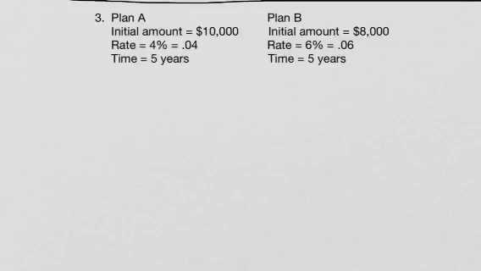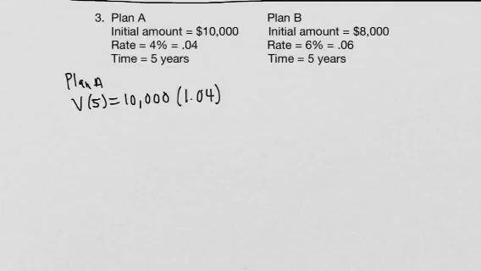Okay, so let's go ahead and do plan A. So plan A, you have the value, I'll use V for value, V after 5 years. Initial amount is $10,000, so it's the same equation that we had in the first two examples. I'm just cutting one step. I'm not putting the equation with the 1 plus r.